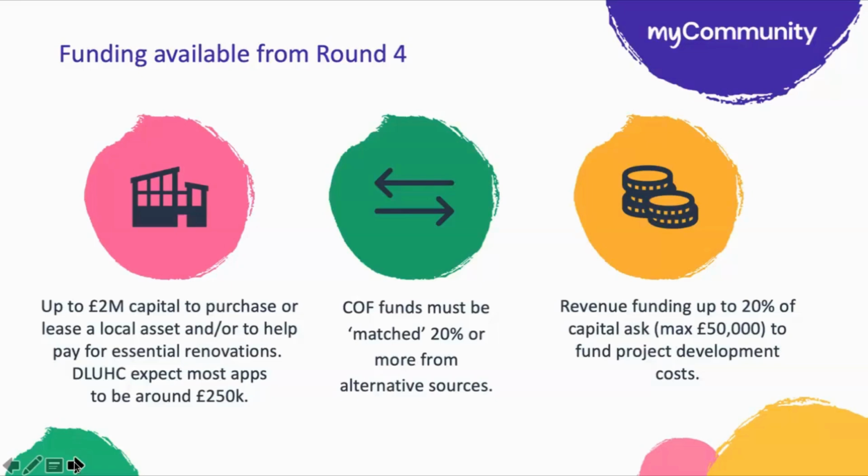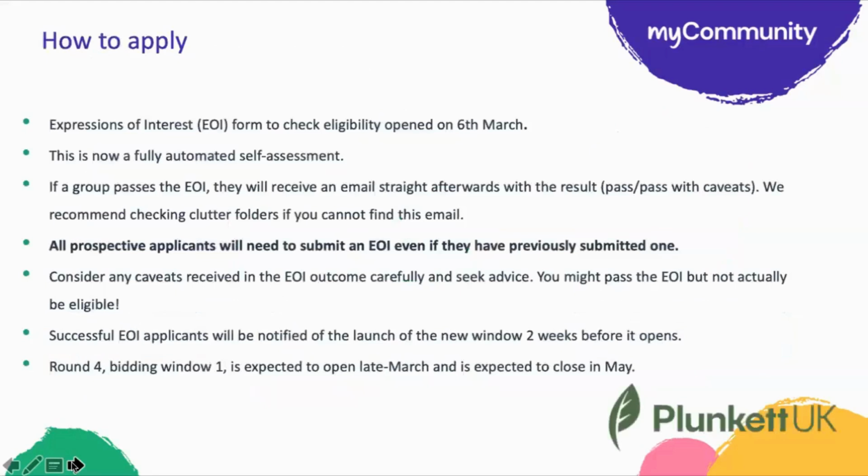That's down to DLUC, but those criteria we know include things like the multiple indices of deprivation, ethnicity data, and the community needs index. So that's roughly what the scheme looks like at the moment.